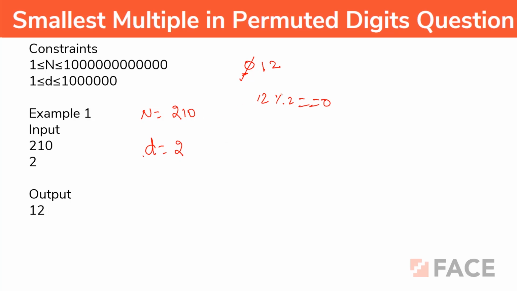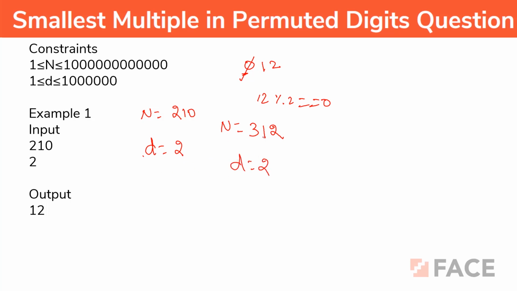In case it is not divisible, for example, I am going to give my input value as 312 and the d value is 2.